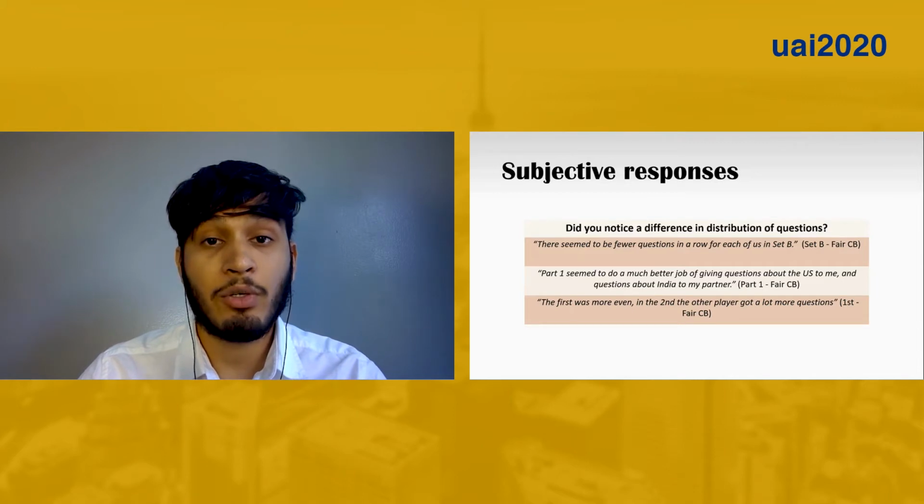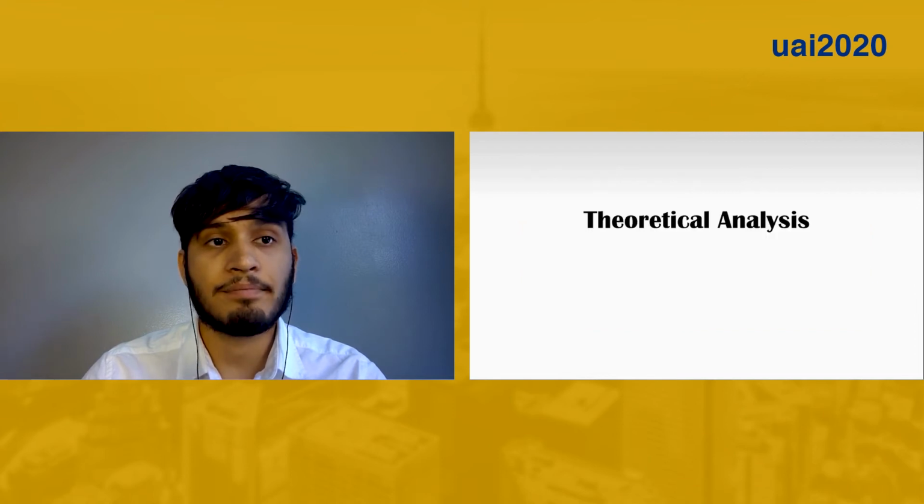It was interesting to note that some users were able to identify the fair CB algorithm and its behavior by stating that the algorithm assigned questions according to their countries and assigned questions more evenly.